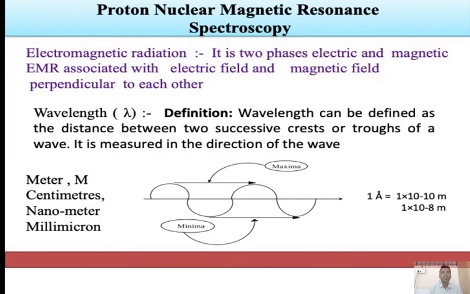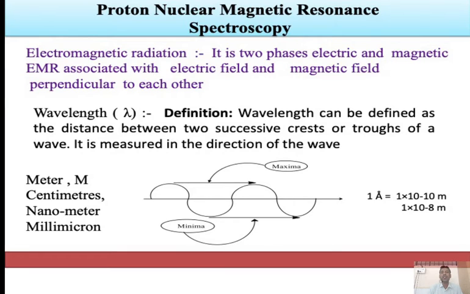Electromagnetic radiation is associated with an electric field as well as a magnetic field, and both are perpendicular to each other. It is simply a bunch of energy.